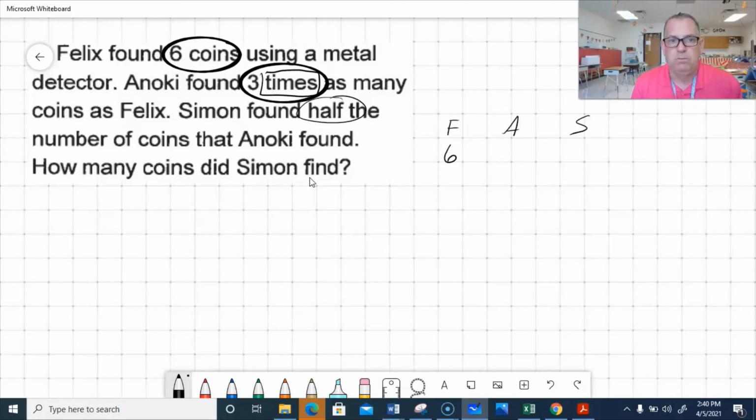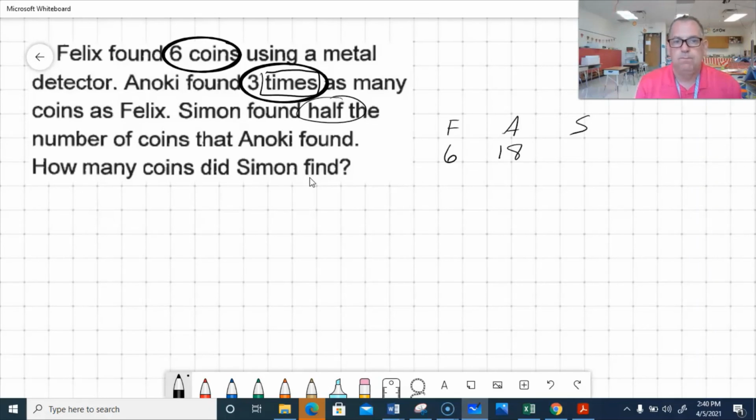So what is 6 times 3? Yep, 6 times 3 equals 18, so that means Anakoi found 18 coins.